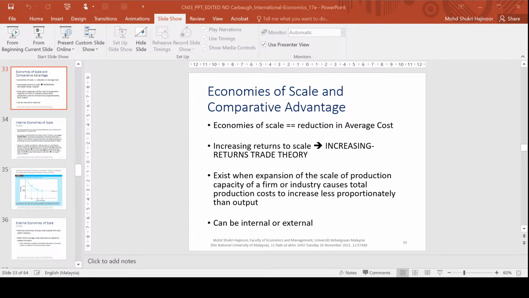Formally through agreements, informally through being there. Your worker is having lunch and talking during lunch with a worker from another company. So that's how the knowledge, the know-how, spreads informally.